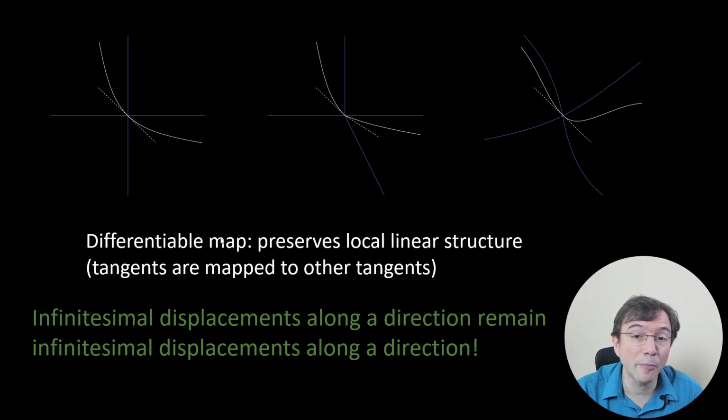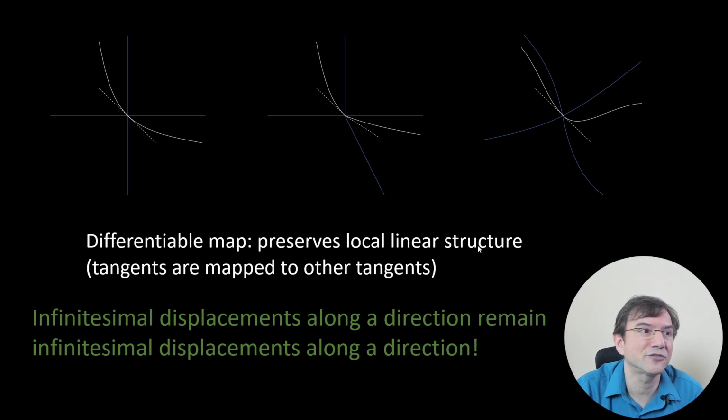So a differentiable map, the way that you should think of it, is that it preserves this local linear structure because it's mapping tangents to other tangents. And this is the property that differentiability on a manifold gives you, because you can keep track of the tangent, of these local linear directions.